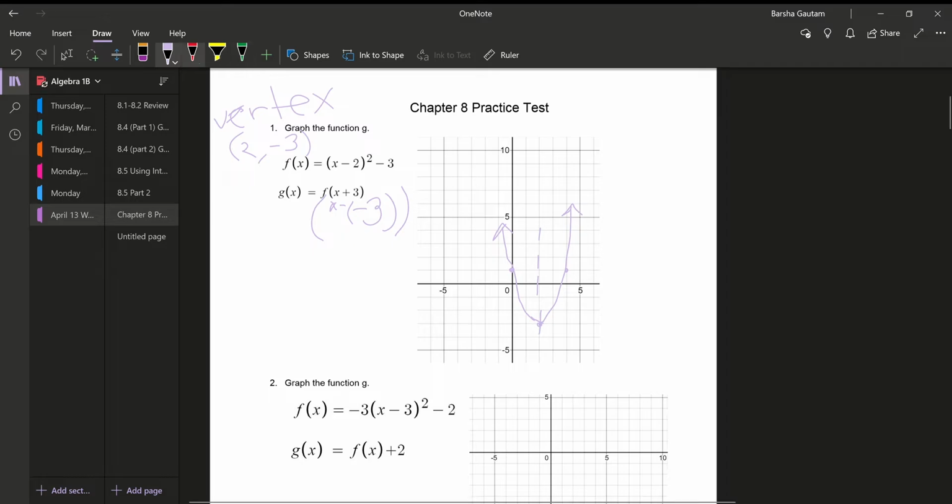So let's change our color real quick. We're going to take each point and shift it 3 to the left. 1, 2, 3. And since this is our vertex, that means this is our new vertex. So we're going to take this y-intercept, shift it 3 to the left. 1, 2, 3. Then we're going to take this point, shift it 3 to the left. 1, 2, 3. And now, let's connect this.